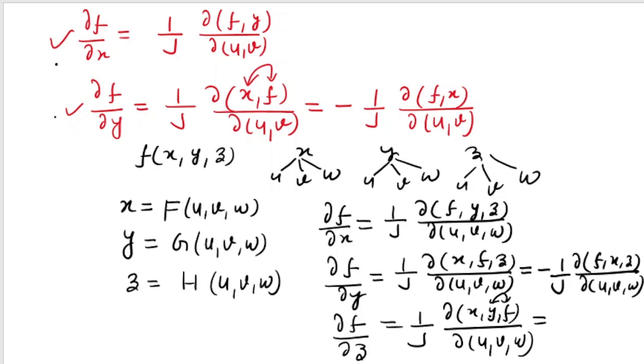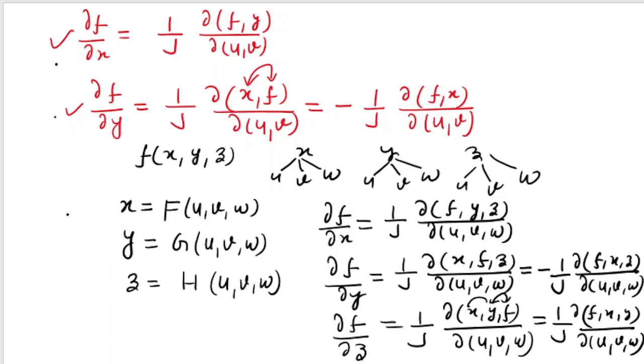So here you will get x, f and y, and then you do the row exchange one more time, so you will get 1 by J and del. So there will be two minus signs that will come out, so minus minus will become plus, so it will become del of f x y divided by del of u v and w.